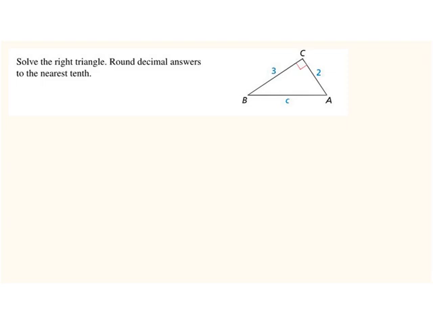Okay, so in relation to B, we've got opposite, we've got hypotenuse, and we've got adjacent. Okay, but we don't know what that angle measure is. Okay, so we would say we know opposite and we know adjacent. So that's tangent.